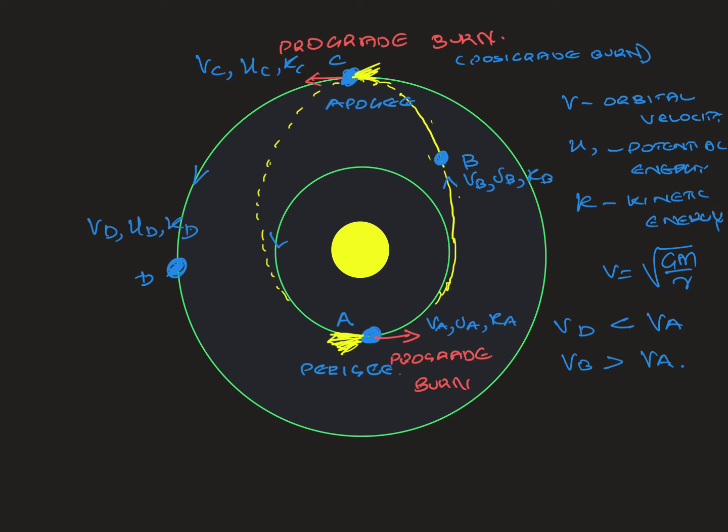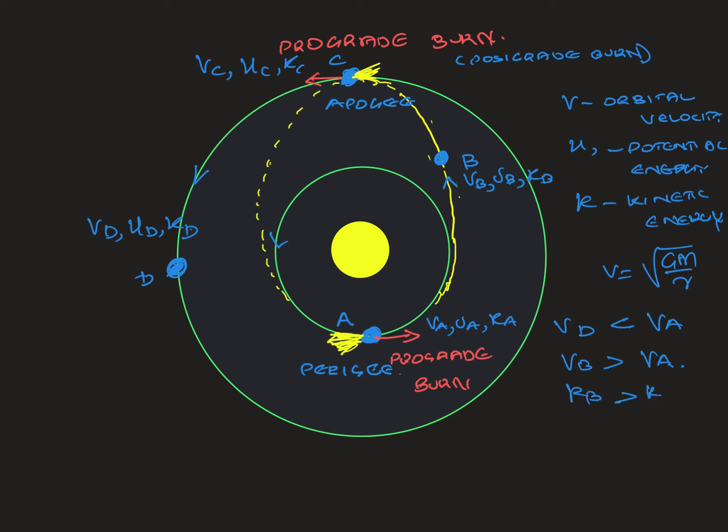And how about the kinetic and potential energy? So the kinetic energy here is increased by this prograde burn. So we know that KB is greater than KA.